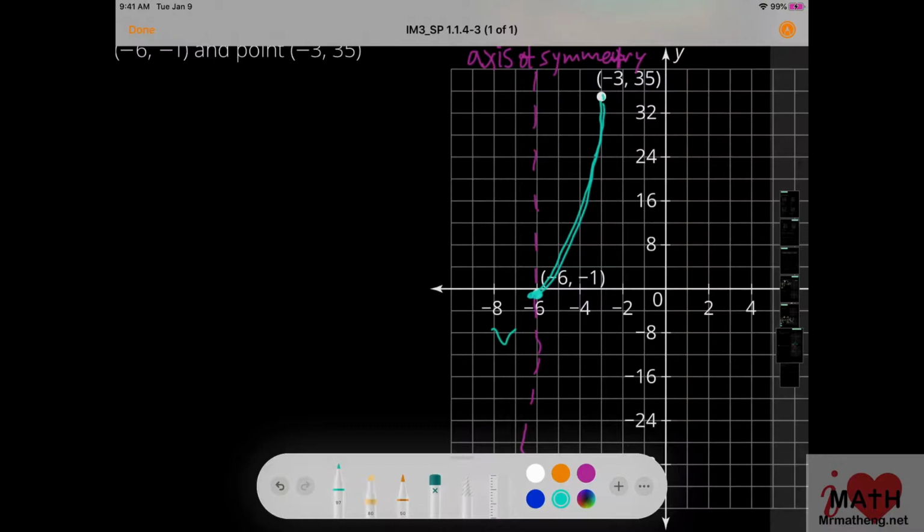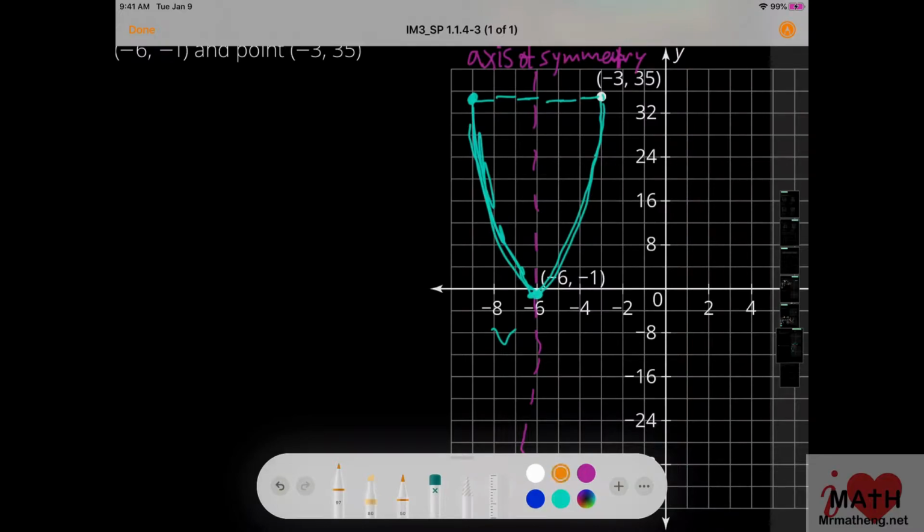Okay, so you can just count on the other side, right? 1, 2, 3. 1, 2, 3. What are they counting by here? 4s. So that would be 36. Okay, so it would be right there, right? This would be my equation.